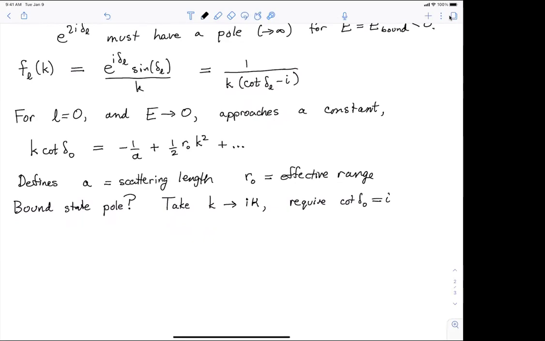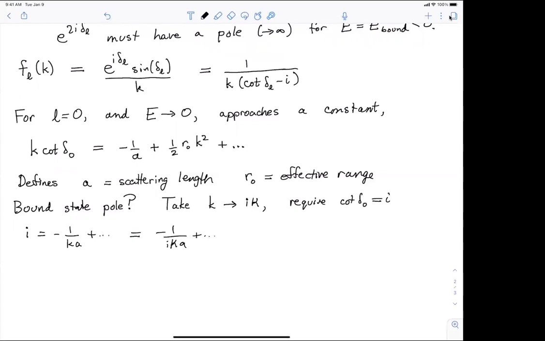That means i has to be minus 1 over k times a plus higher order terms, which is going to turn into minus 1 over i kappa a plus higher order terms.